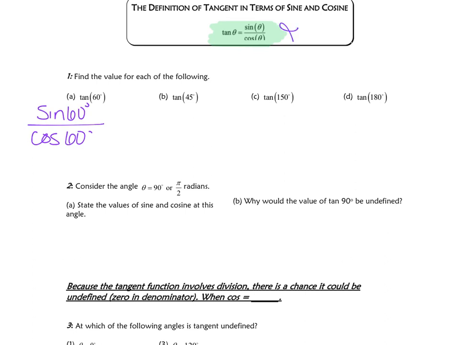I'm just going by this definition. So what is the sine of 60 degrees? So sine is the y value, and we're in quadrant 1. So it's the square root of 3 over 2 that I'm getting from the angles that I've memorized. And the cosine of 60 degrees is 1/2.